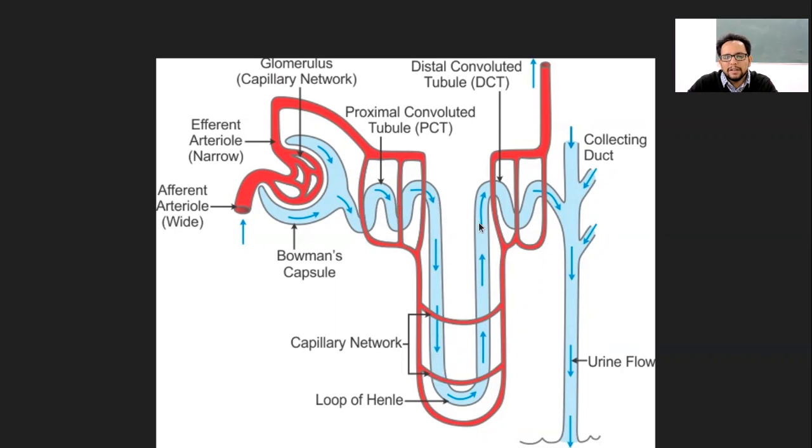And the second part, that is the ascending limb, will allow the electrolytes to pass through and not allow the water to pass through. So that is permeable to water, impermeable to salt, that is the descending limb, and it is impermeable to water, permeable to salt in the ascending limb.